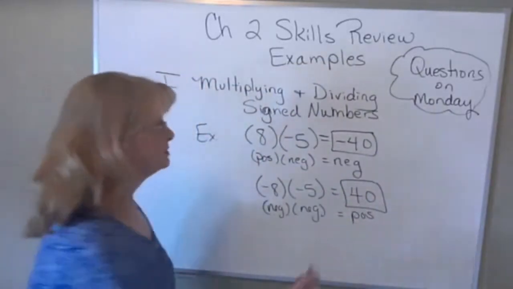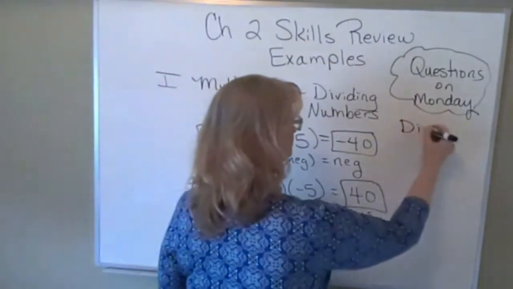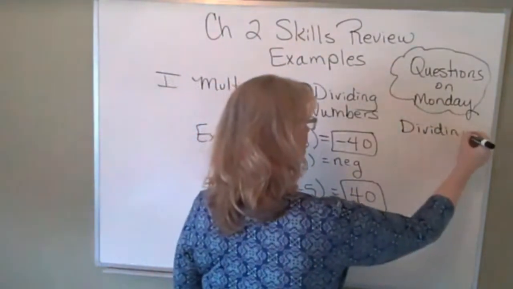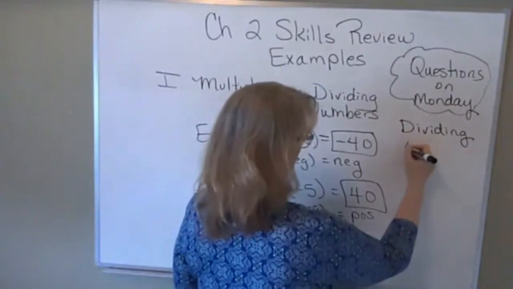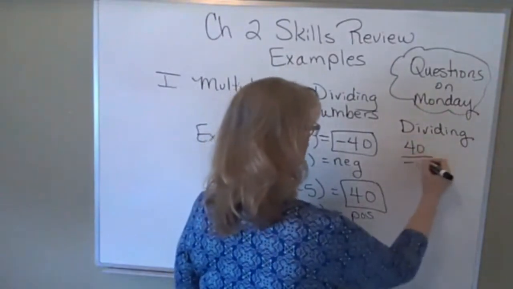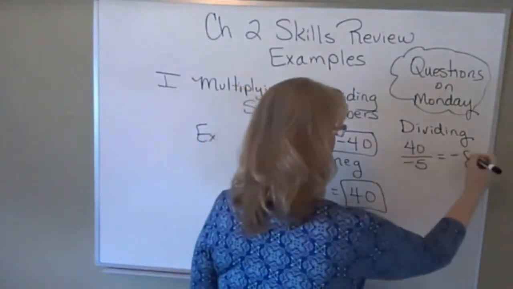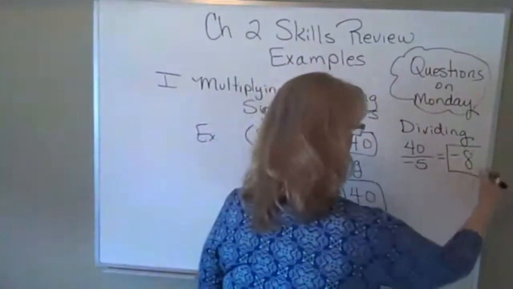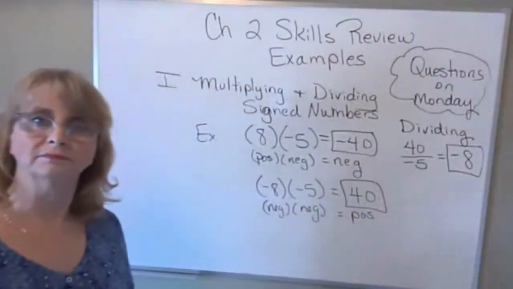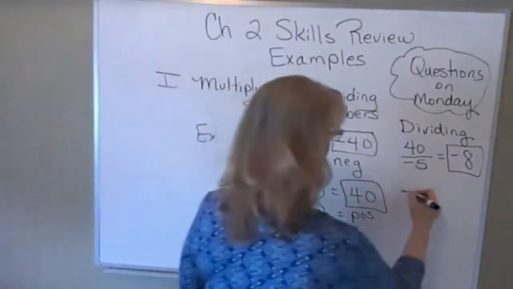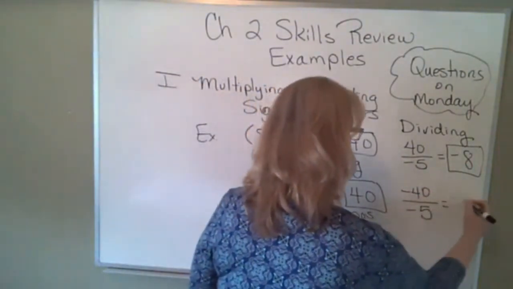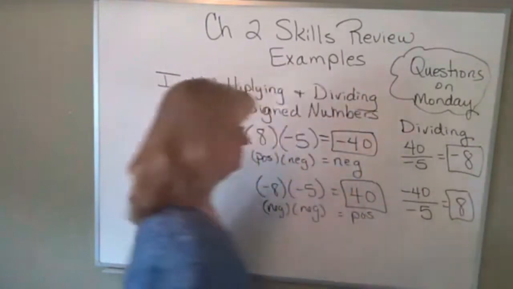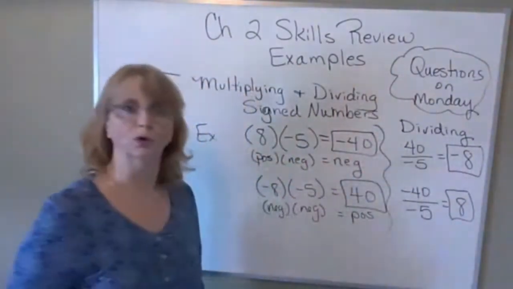These are the same rules for dividing. If I had a positive divided by a negative, I get a negative. If I have a negative divided by a negative, I get a positive. So it's similar rules.